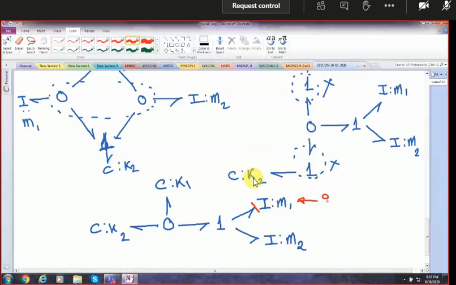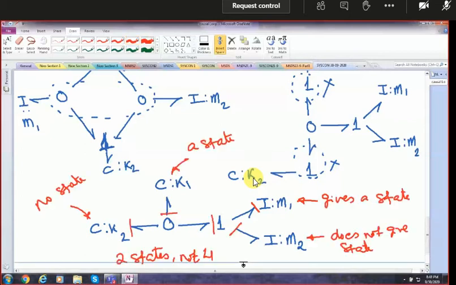No state. So we have basically 2 states, not 4, which we have determined. And the causal loop was actually hiding from differential causality.